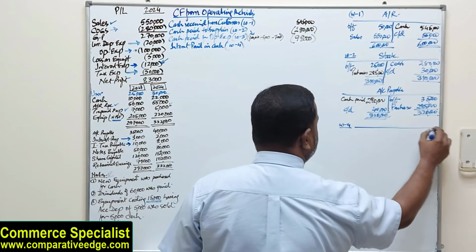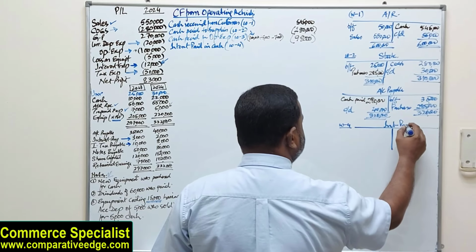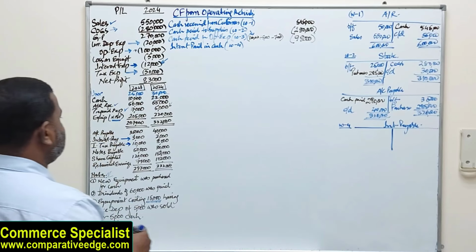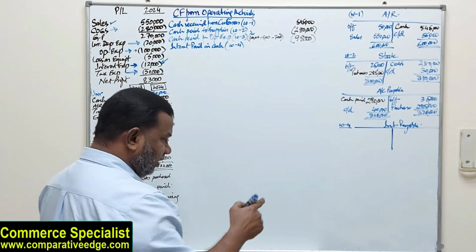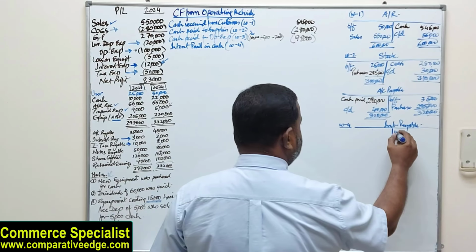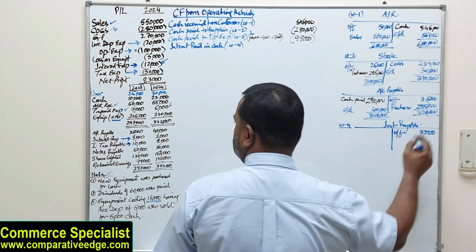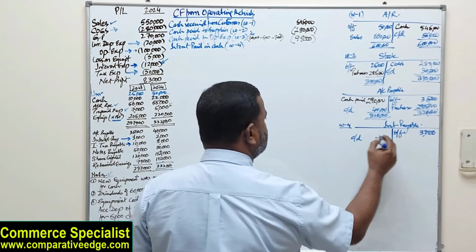So I'm making a T account of interest payable. Interest payable is a liability. Opening balance is 3,000, closing balance is 2,000. Opening balance of liability comes on the credit side, brought forward 3,000 and carried down, closing balance is 2.